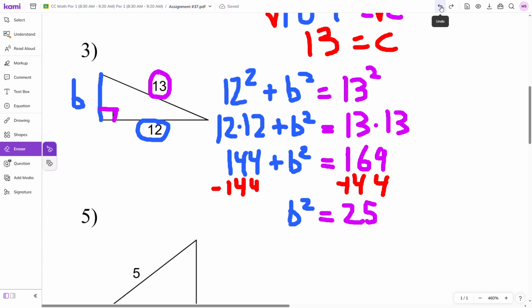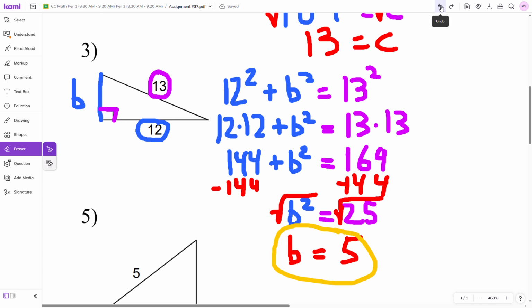Well, we got to get B by itself. And since it's a square, we have to undo the square. So that means we have to square root both sides. So we're going to square root the left side, and we're going to square root the right side. And that's going to give us that B equals 5. And you know what? We're done. That's it. Just put that there. We know that B equals 5. How about that? Hope that was helpful.